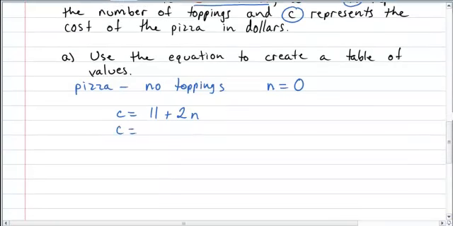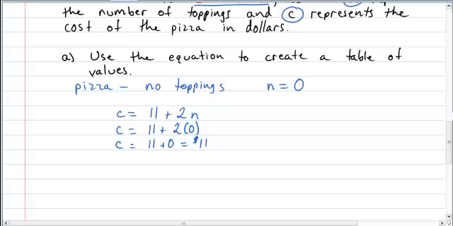And C equals 11 plus 2 times 0. We'd say C equals 11 plus 0, which equals $11. Okay? So our first pizza costs $11.